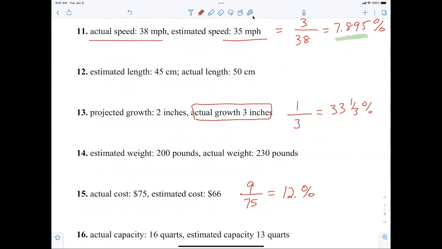Number 12. So again, a small technicality. Emily, you went from 45 to 50. So what was the change? 5. Now, listen to me. I don't want you to tell me if it's 45 or 50 yet.